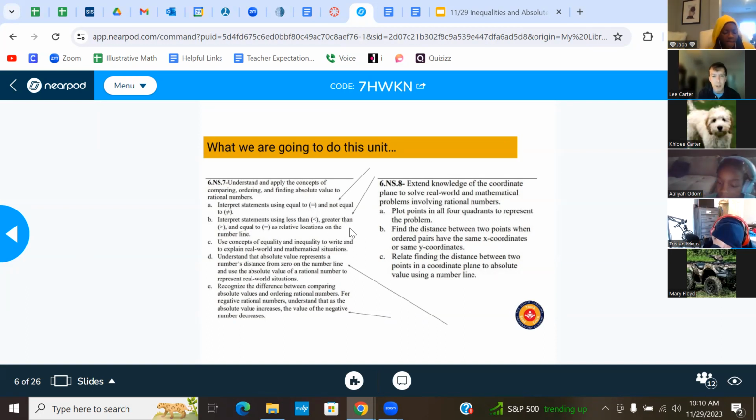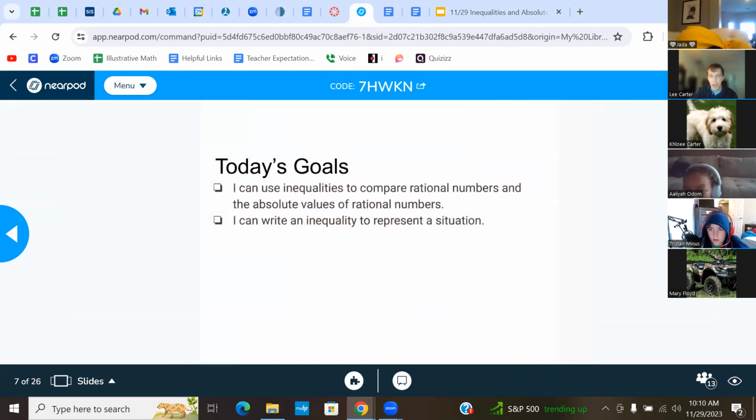And then understand that absolute value represents your distance from zero and describing that in real world situations, right? So those are the main things we're doing. Yeah, Mary, you're exactly right. Less than or equal to is just you put the little line under the less than sign. It just means it could equal that.